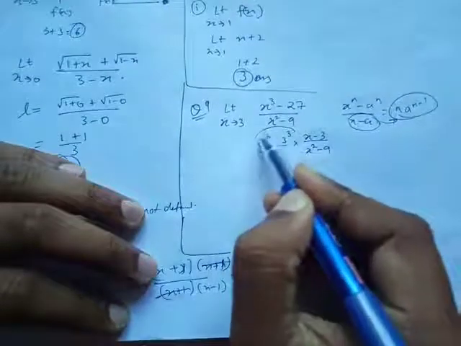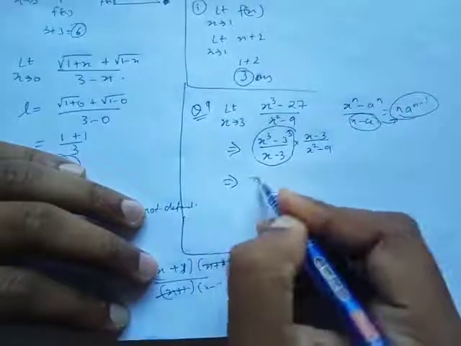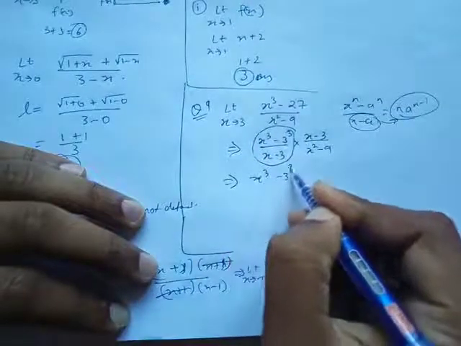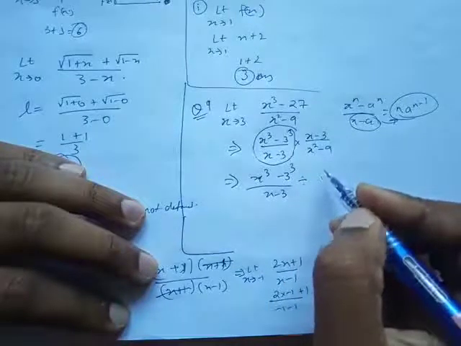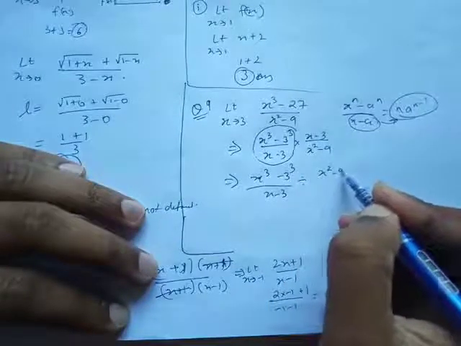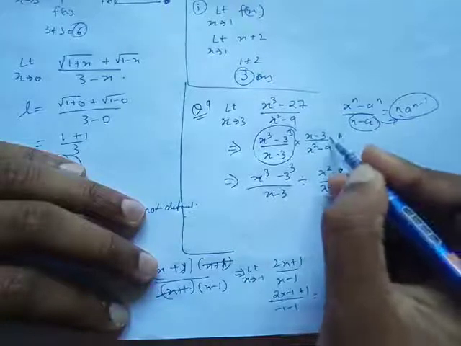Okay, अब इस वाले को, फर्स्ट मैं क्या करता हूँ, x cube minus 3 का cube over x minus 3, divided by, मैं इसे डिवाइड में चेंज कर रहा हूँ, x square minus 3 का square upon x minus 3. तो मैंने इसको ऊपर कर दिया, इसको नीचे कर दिया.